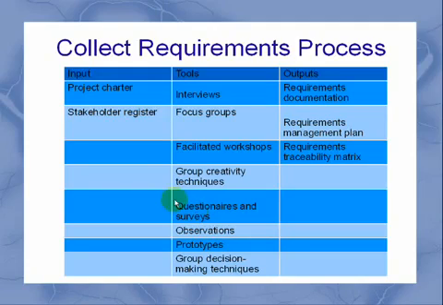The first thing we discuss in any process is the inputs. When you are collecting requirements, the first input is the project charter, and the second one is the stakeholder register.